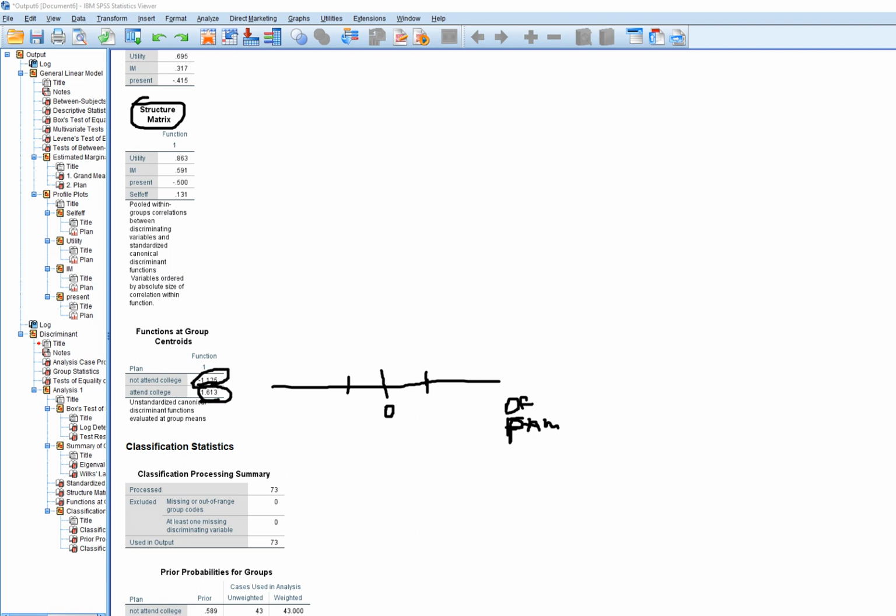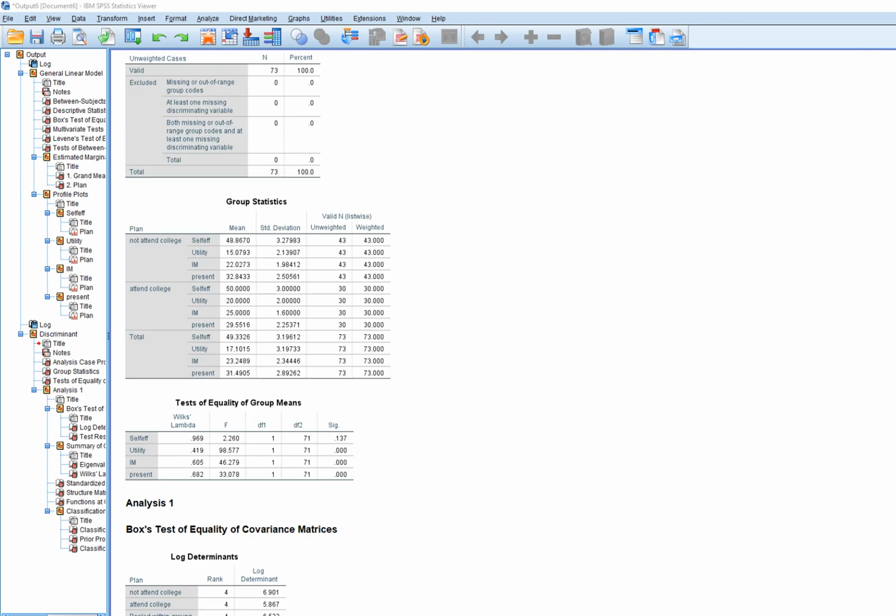And that's kind of what you would expect if you have greater levels of future approach motivation for the attend college group. So that's a demonstration related to our discriminant analysis as a potential follow-up to MANOVA.